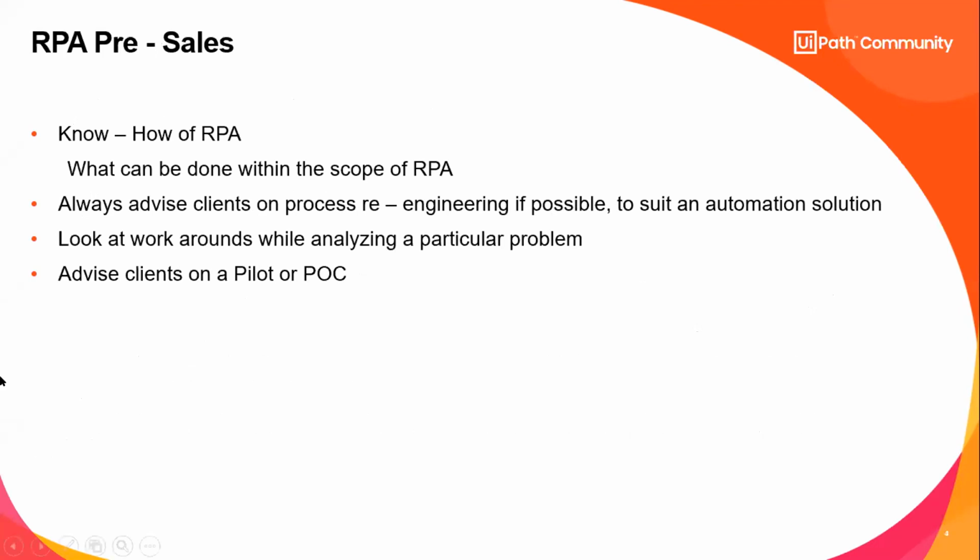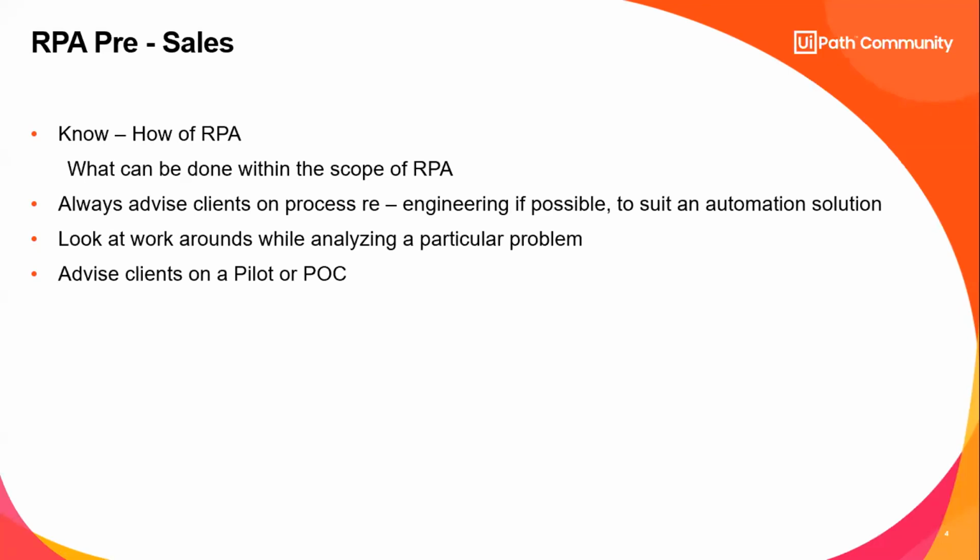Similarly, in the solutioning part, we try to advise our clients to do some process re-engineering. By process re-engineering, I mean making the process standardized for automation, making things automation friendly that are not readily so. We always try to make sure that all the processes we automate are standardized and re-engineered if possible.